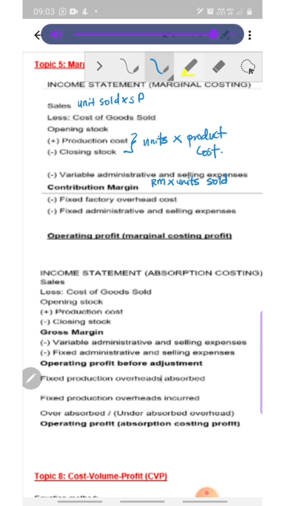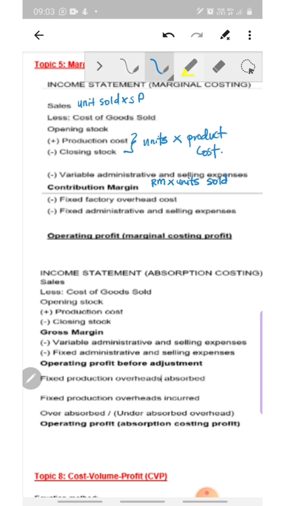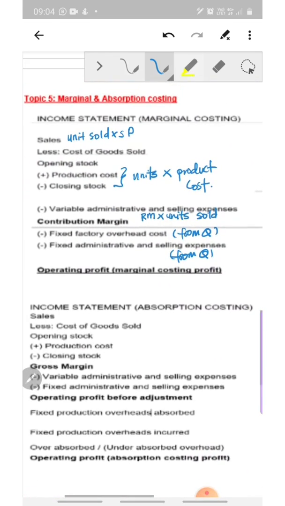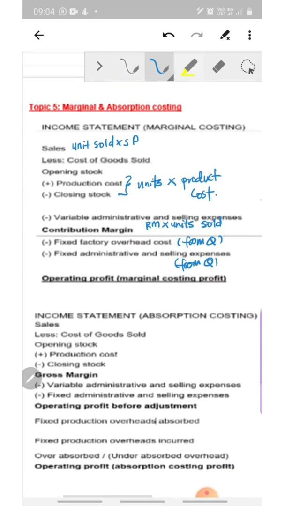Fixed factory overhead cost, usually they give you one lump sum 1 year amount in the question. Fixed admin and selling expenses also, they give you one lump sum 1 year amount, so just take it from the question. So that is roughly how to calculate the marginal costing items.